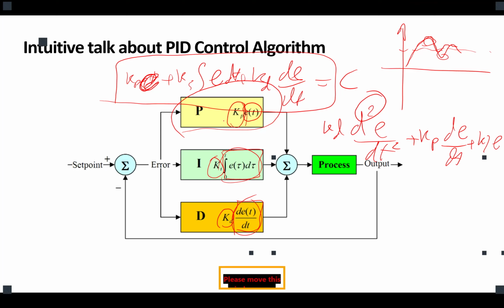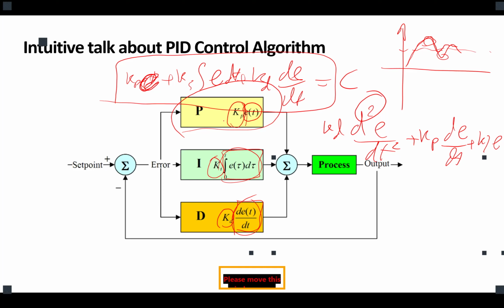We have an error, and we want to act on it. We don't have integral and differential now, only proportional. If K is 1, we don't have any gain. What the controller does is simply calculate the difference and try to cancel out that difference directly in our output.